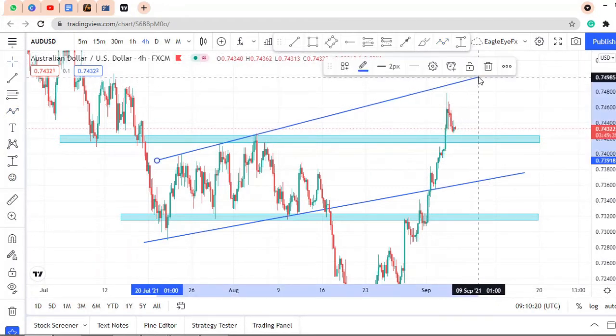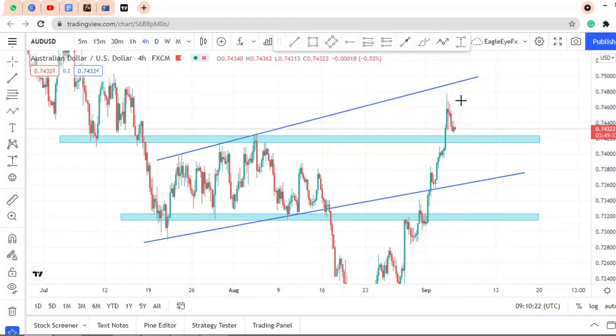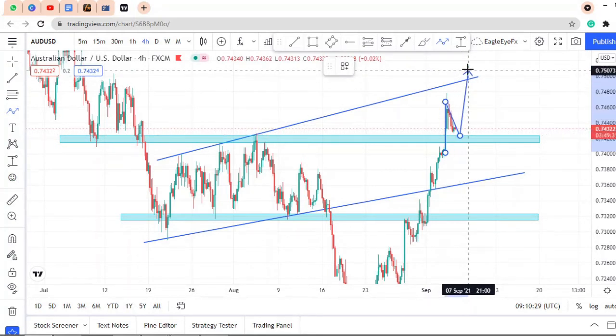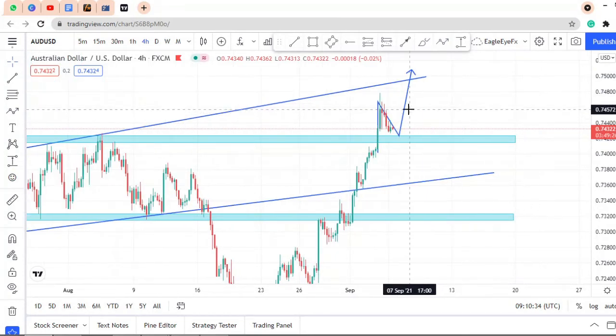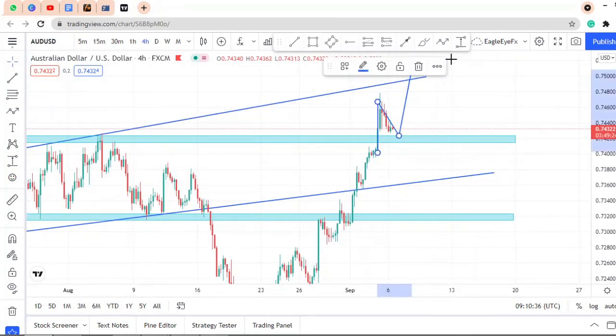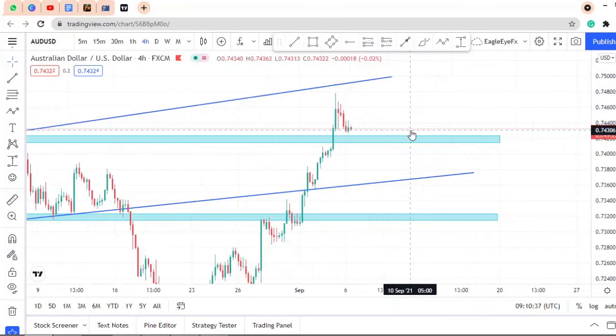Let me first of all extend this a bit. I see a break coming to find support here so that it can continue being bullish, right? So I will be interested as long as this level can support.